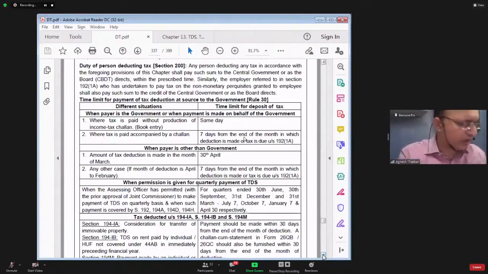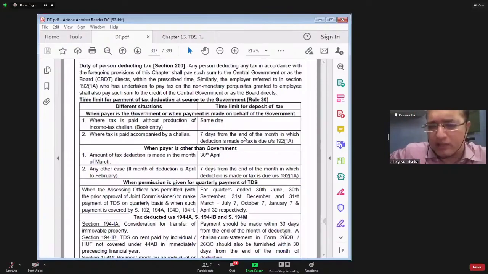If you recollect, a few minutes back I told you that there are 4 duties of the payer. Number 1, deduct tax.